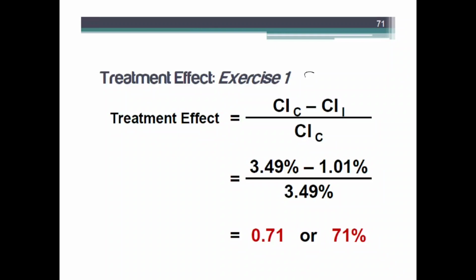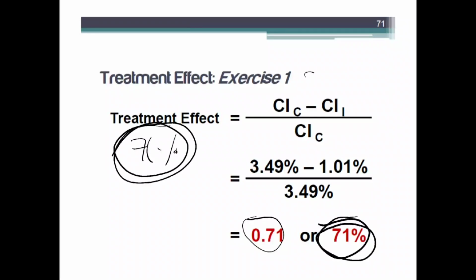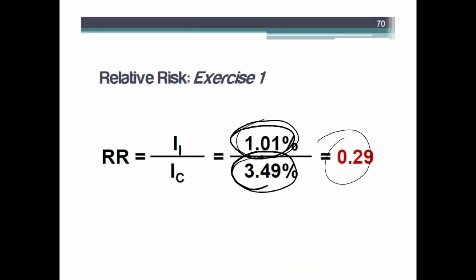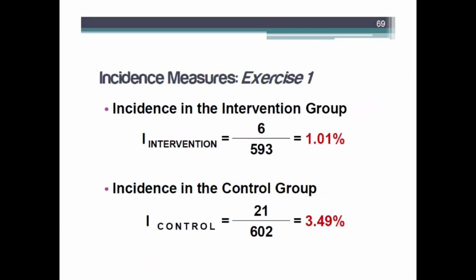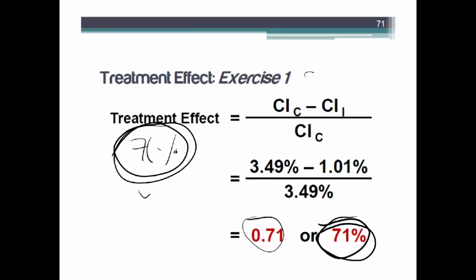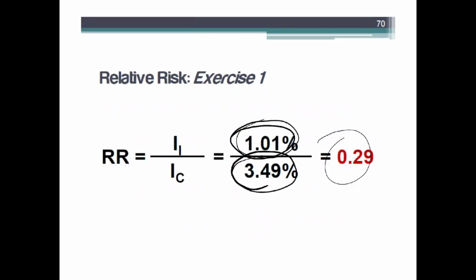Kuha mo is 0.71 or 71% treatment effect. Okay? Ibig sabihin, yung intervention nila, which is yung folic acid, okay, 71% yung kanyang effect na makapag-prevent ng neural tube defects. Okay? Tapos, kung babalikan din natin, yung incidence naman na yan, 0.29, di ba?